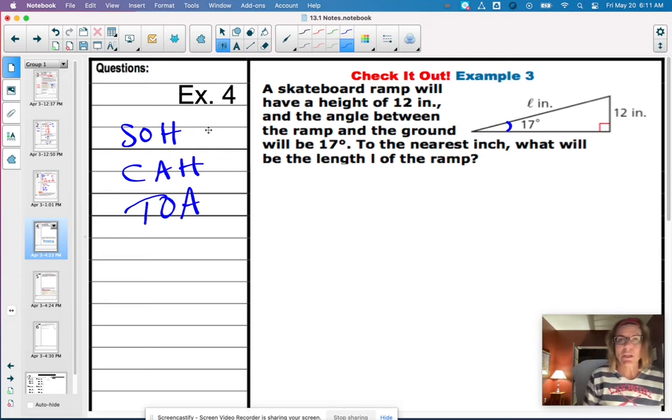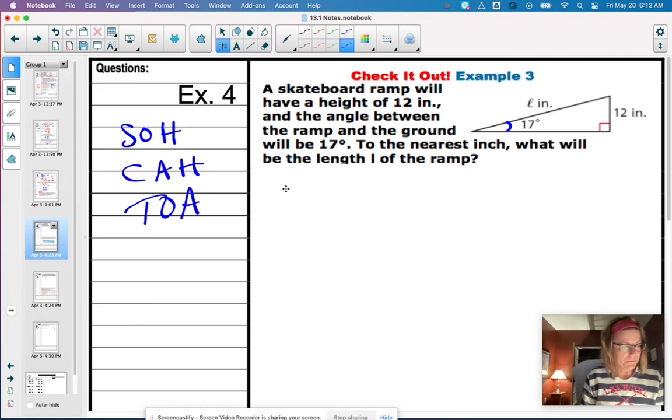So if I look at my options here, if I know O, I'm going to use either sine or tangent. Well, I know I'm going to use sine because I don't care about the adjacent side. I want to find the hypotenuse.